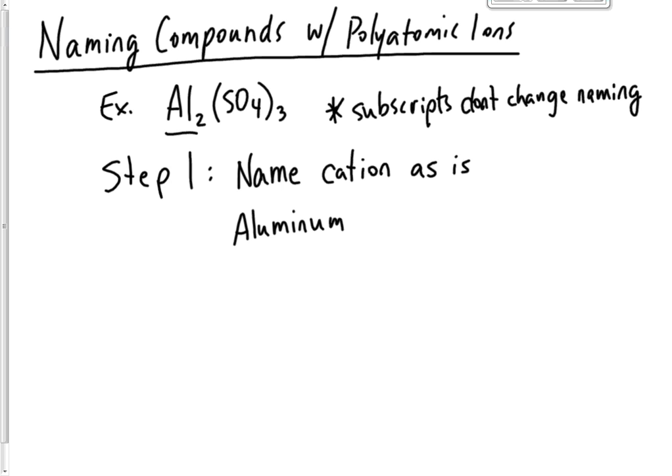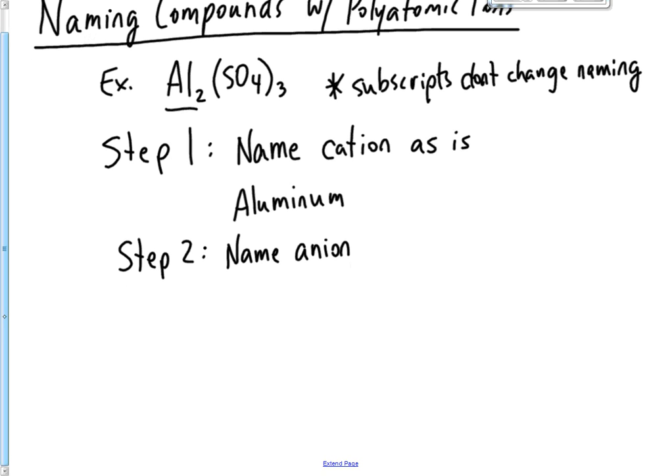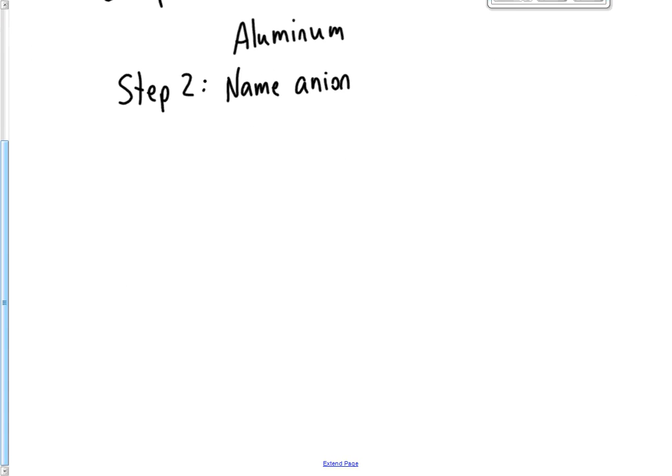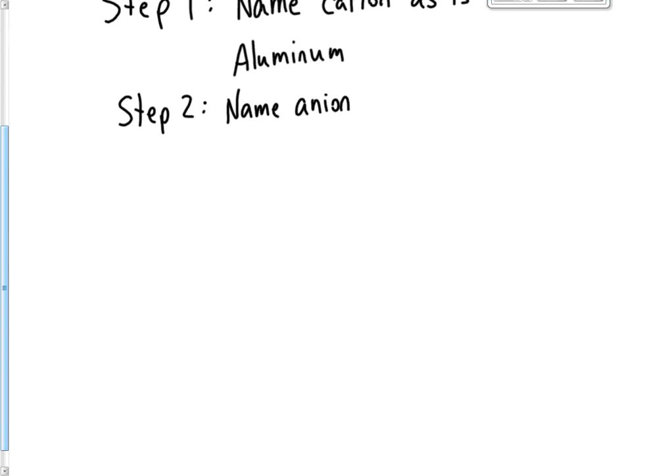All right. And then step number two. Name the anion. There's a couple of ways to do this. If it's a polyatomic ion, name it as is.